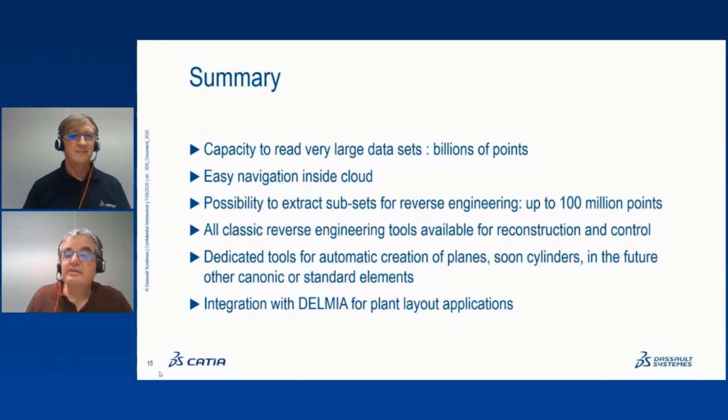And you can navigate inside these 4 or 5 billion points easily and in quite a fluent way. Then you have the possibility to extract a subset of these billions of points, so that you will be able to recreate actual CATIA geometry, planes, cylinders, and so on, or do whatever you want inside the 3D experience with all its possibilities.